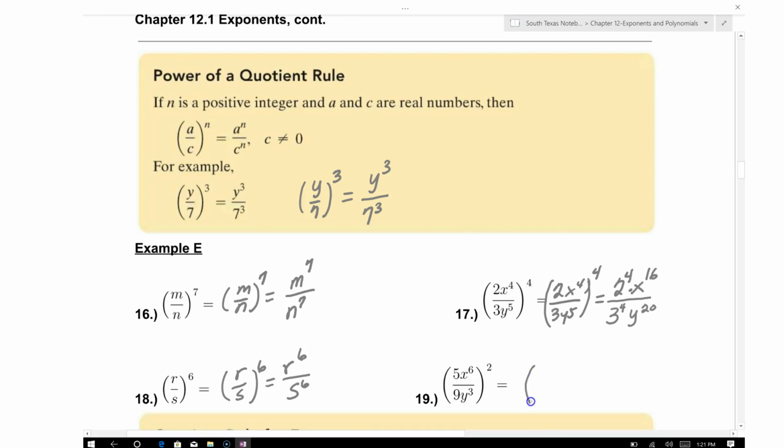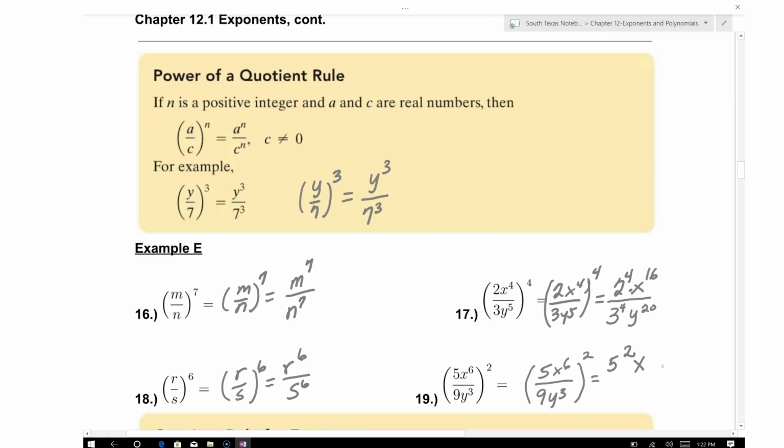So for number 19, we have 5 times x to the 6th divided by 9 times y to the 3rd, and that's raised to the 2nd power. So now we can raise each of those terms to the 2nd power. So we have 5 to the 2nd power, and we have x to the 6th raised to the 2nd.